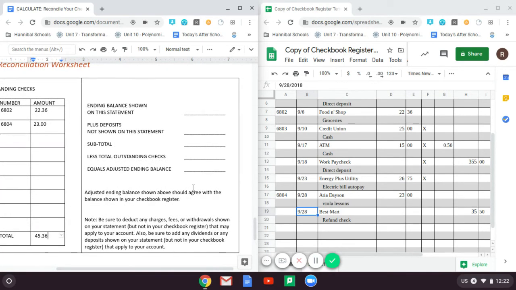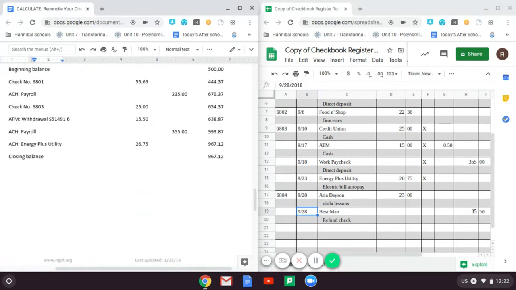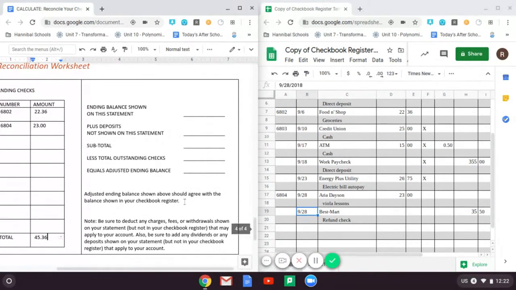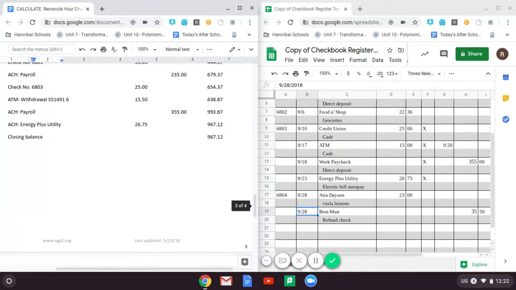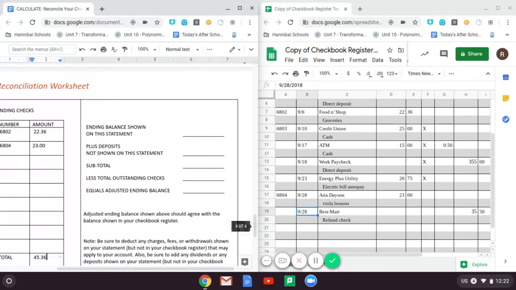Okay. So now we start reconciling. This is the official reconciliation box. So the ending balance shown on this statement, okay? So closing balance is $967.12.